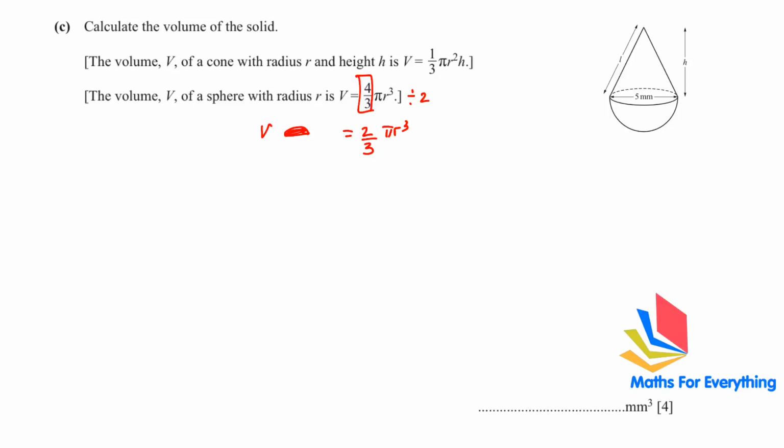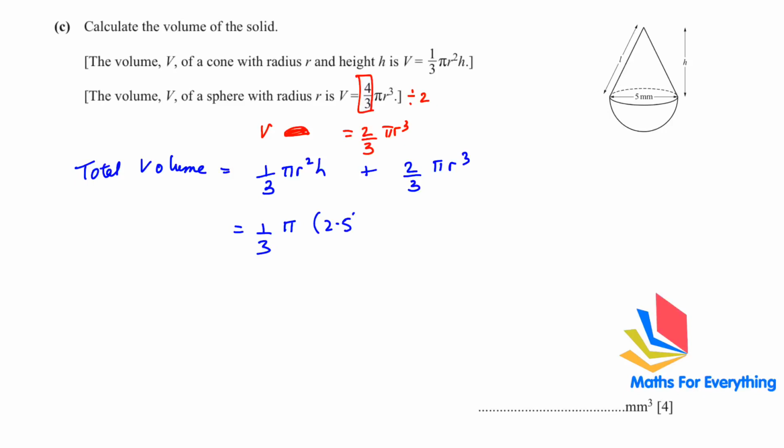And now we want to find the total volume. So the total volume will be volume of the cone 1/3 pi r square h plus volume of the sphere 2 over 3 pi r cube. We know that r is 2.5. And what is the height we found? 6.